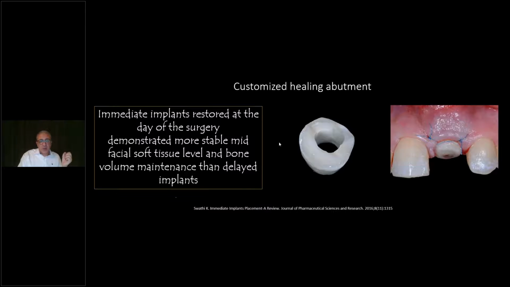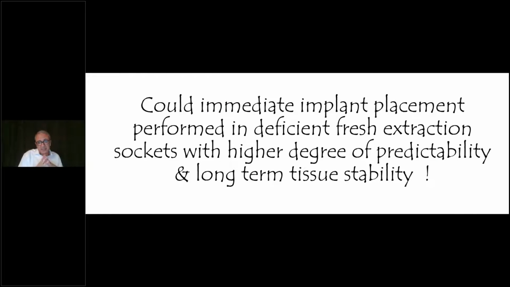Now, a critical question: could immediate implant placement performed in a deficient fresh extraction socket achieve a higher degree of predictability and long-term tissue stability? We have to really ask this question. Can we do that?